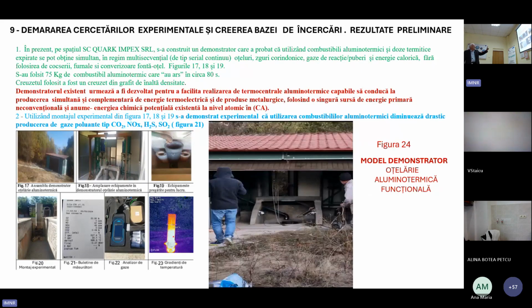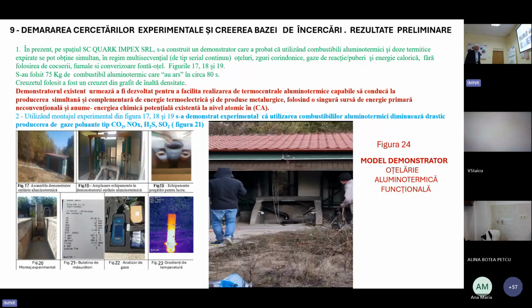Ca final, vă arăt demararea cercetărilor experimentale și crearea bazei de încercări. În partea stângă sus este oțelăria aluminotermică care a fost realizată. Alături este prezentarea interiorului și a dispozitivelor care materializează reacțiile de tip continuu ale combustibililor, o detaliere.